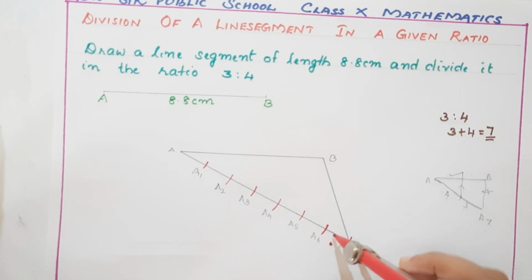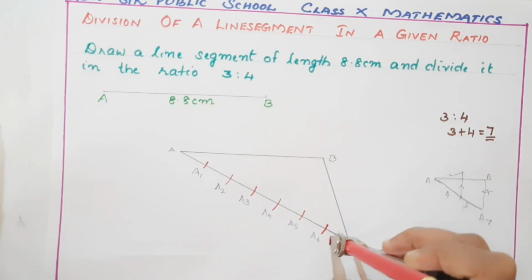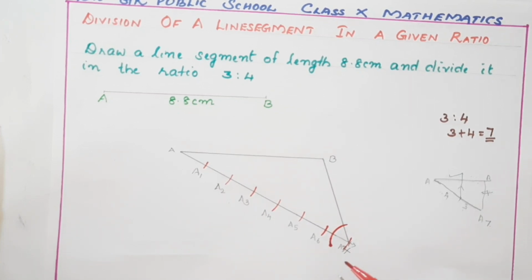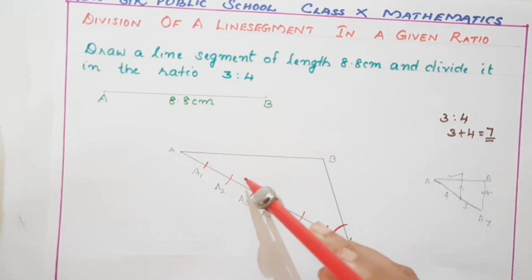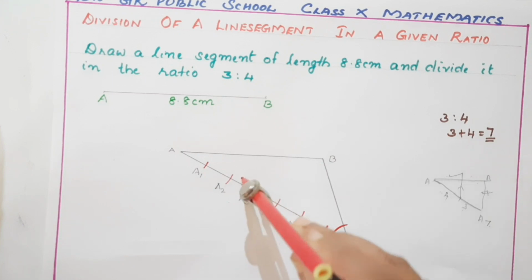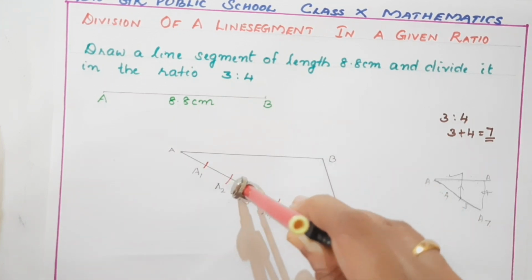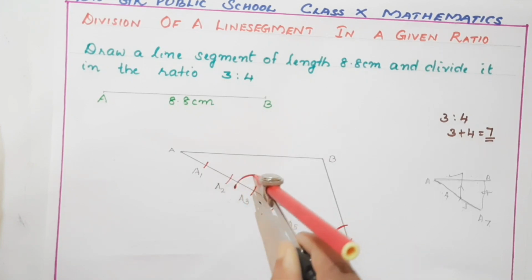Then take any radius and draw an arc like this. Okay, so without changing that radius, we have to draw another arc at A3 because we need the parallel line at A3. So I am fixing the compass at A3 and drawing an arc with the same radius.